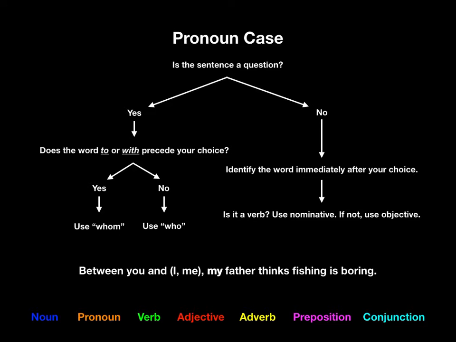We should be able to identify my as the word after our choice. We then need to ask ourselves, is my a verb? Since my is not a verb, we will use objective case, me. Between you and me, my father thinks fishing is boring.